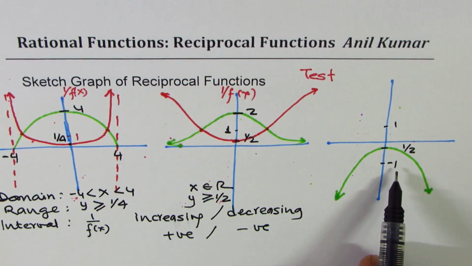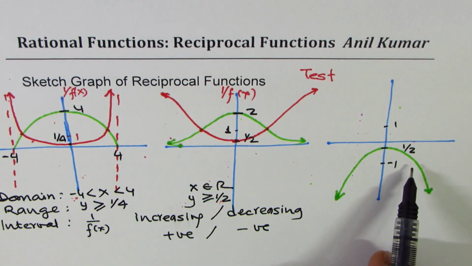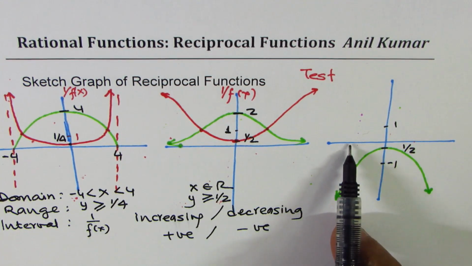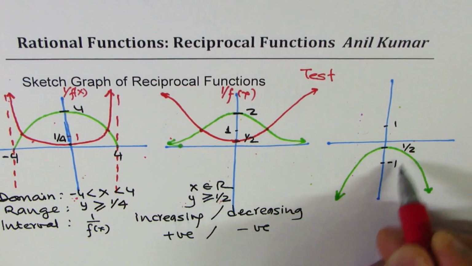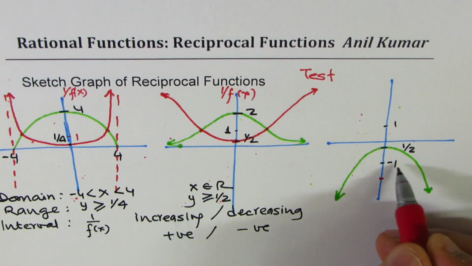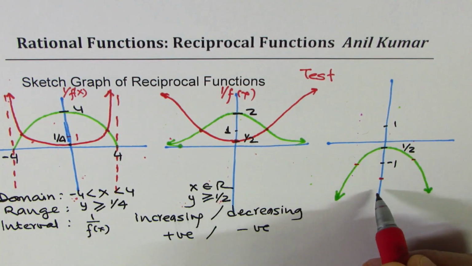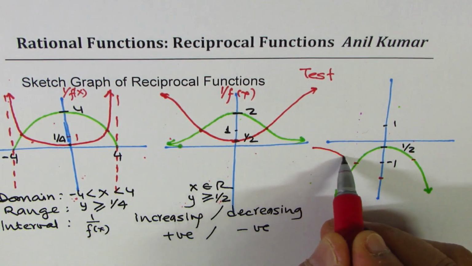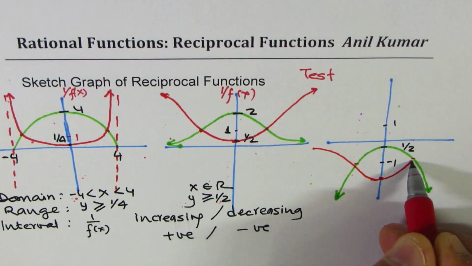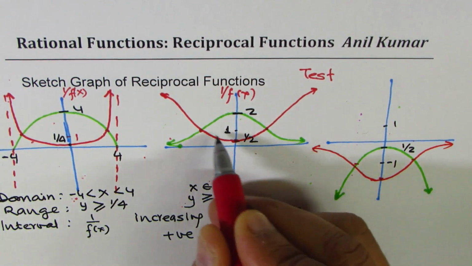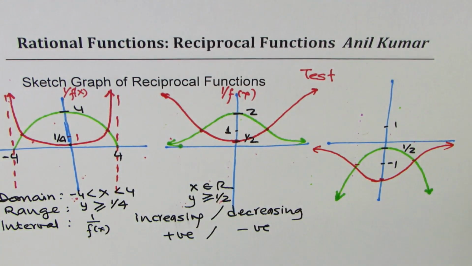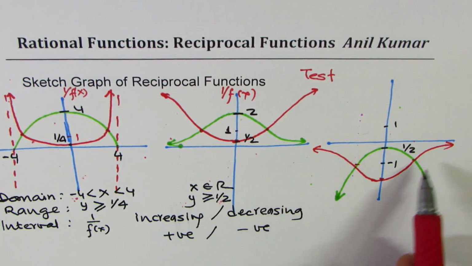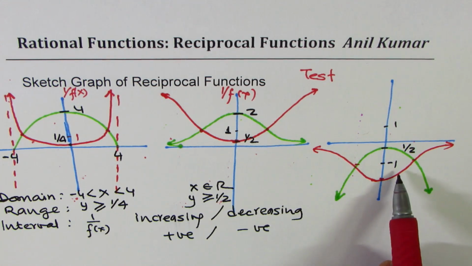In the last case again, we do not have any vertical asymptote since there are no x-intercepts. Now in this case, reciprocal of half is 2, somewhere there. This is like -1. So here the graph will be kind of like this. Just reverse of this. I get my point? That is how the graph is going to look like.